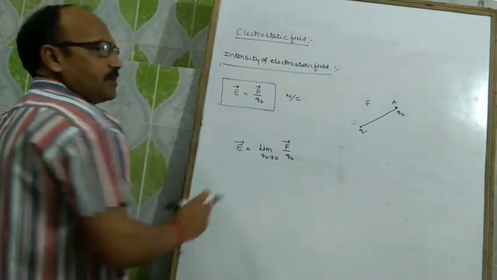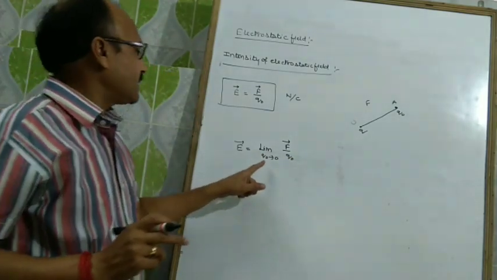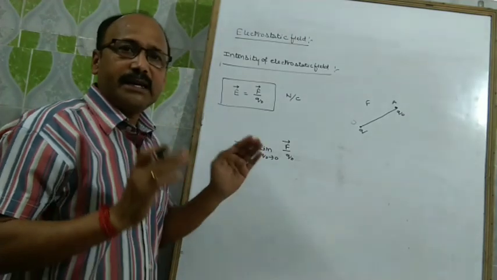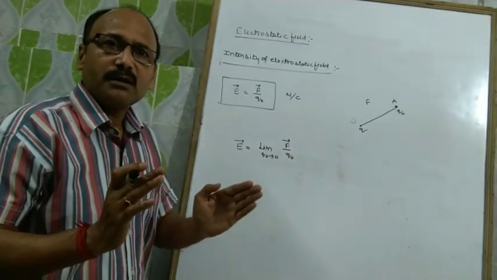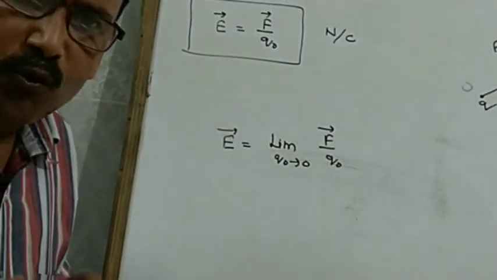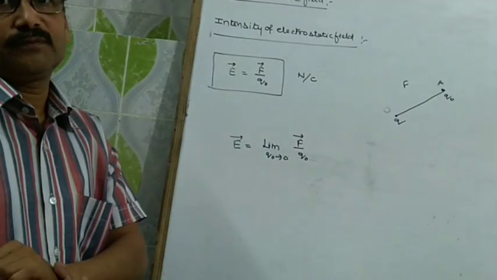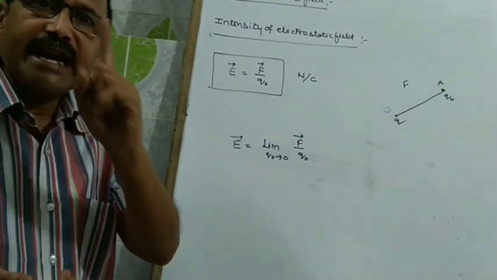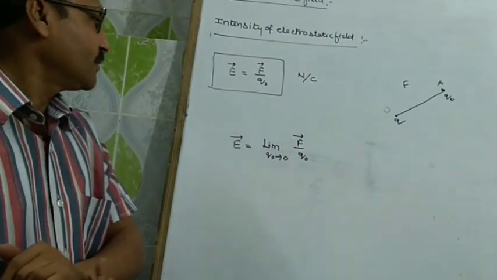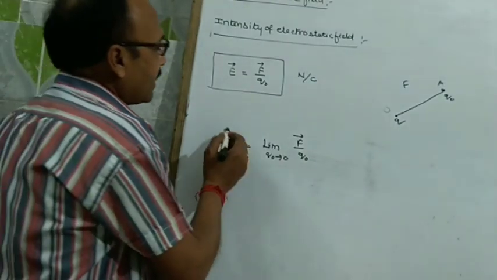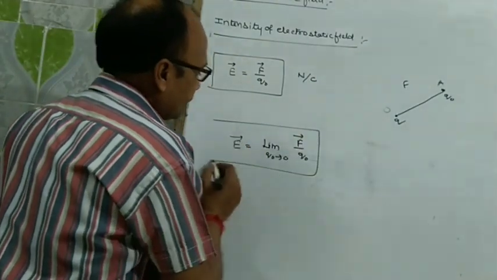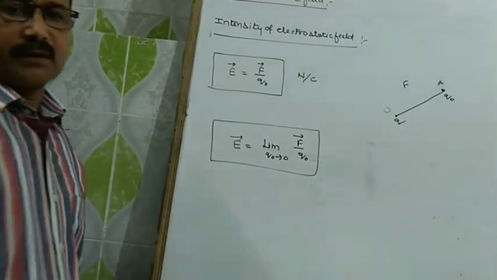Do you know the meaning of this? Its meaning is that Q naught is very small, near about 0 and moving towards 0, but it will never get to 0. So this is the electric field intensity. Okay.